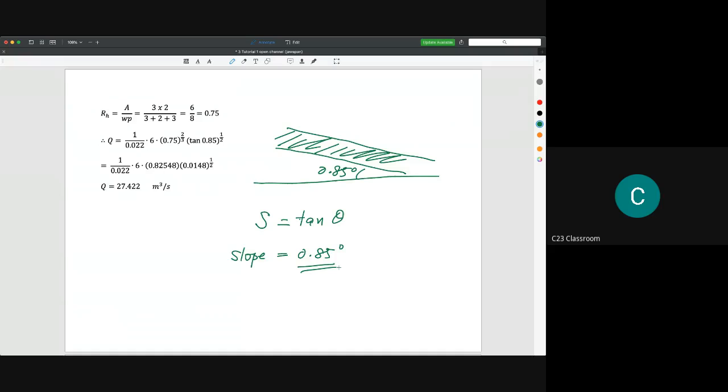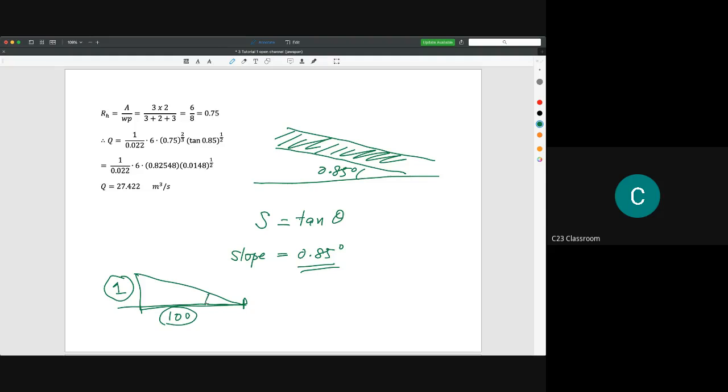It is totally different from a slope given in terms of 1 meter over 100. If you have the term 1 meter over 100, it means the height of the open channel is reduced by 1 meter when its length is 100 meters.